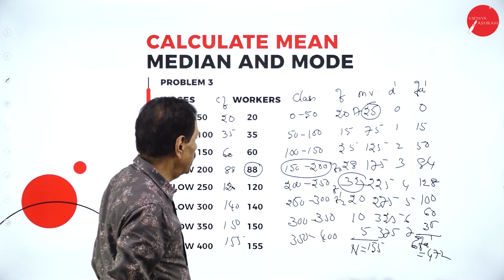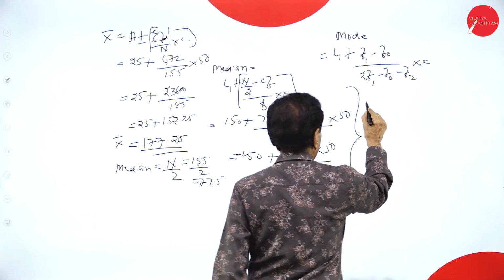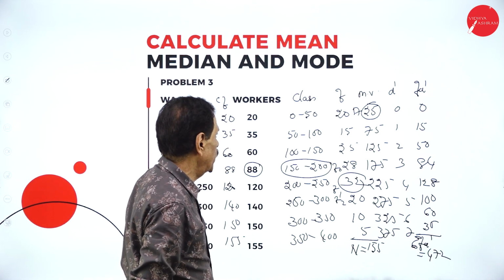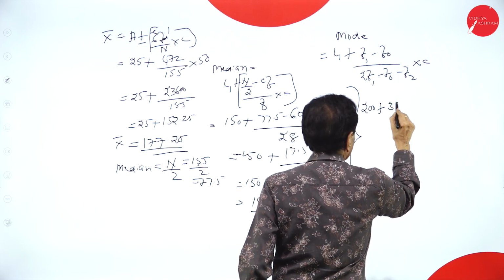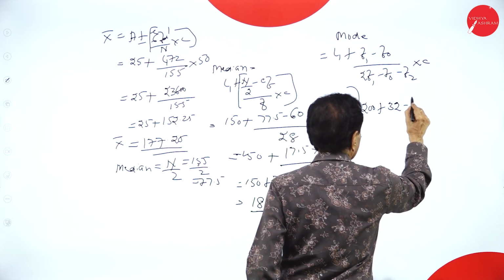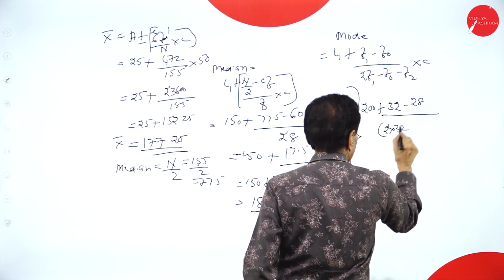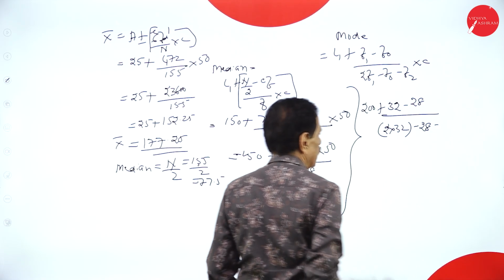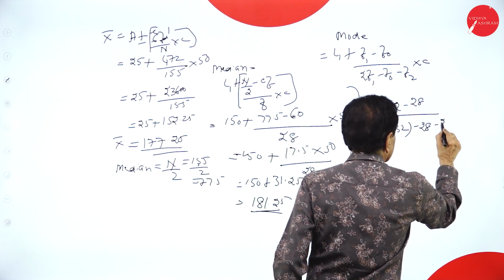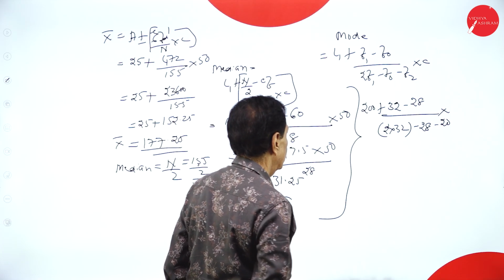What's your L1, the highest range you selected? 200 to 250, 200. What's your F1? 32 minus, behind number is 28, divided by 2 into 32 minus 28 minus your F2, 20, into your class interval is 50.